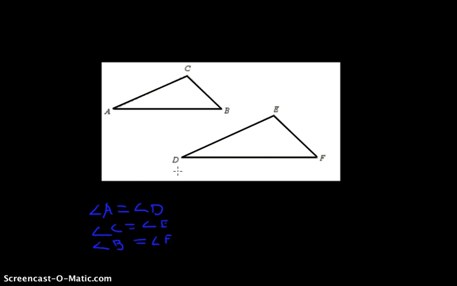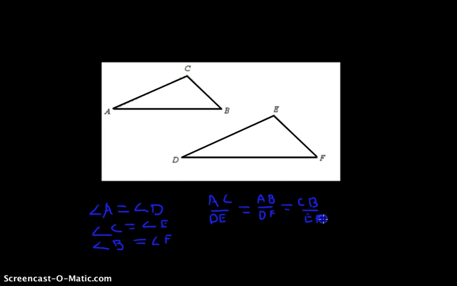Another thing you can assume if the two triangles are similar is that the length AC over the length of DE, which is the side it matches up with (if you were to blow this up, this would be the same side as this), is equal to side AB over DF, which is equal to CB over EF.